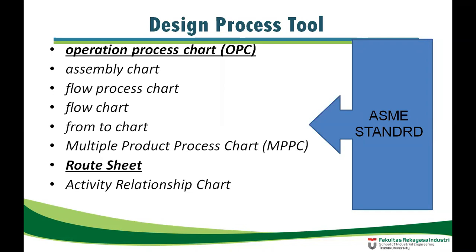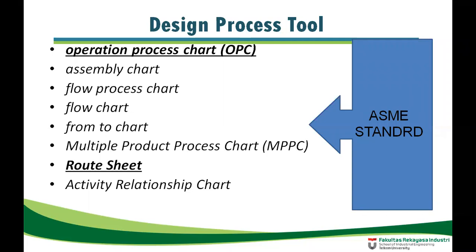And then we have the form to chart. The form to chart is very useful in finding the unit load. The moment product, the moment is just like finding the smallest moment. And then we have the MPPC. MPPC is like a form to chart, and they have similar goals, because they can be used to select the right route. Let's say every product may go through several processes and several routes.